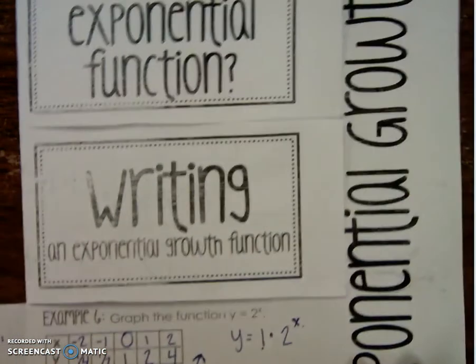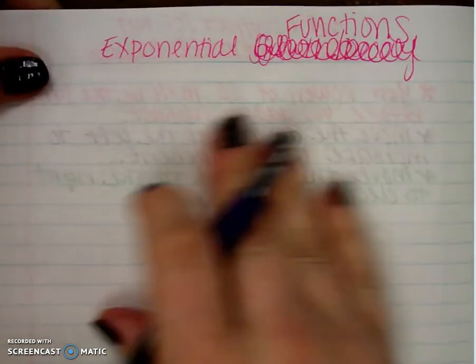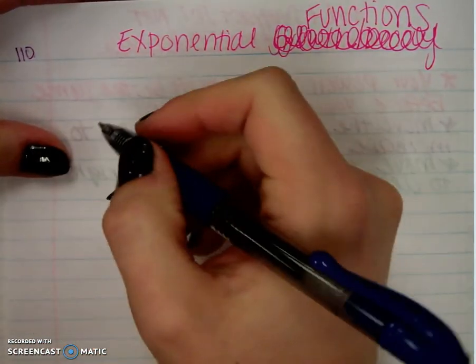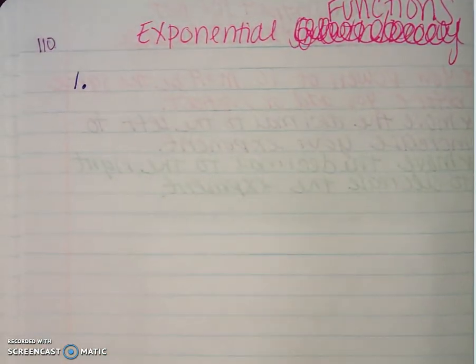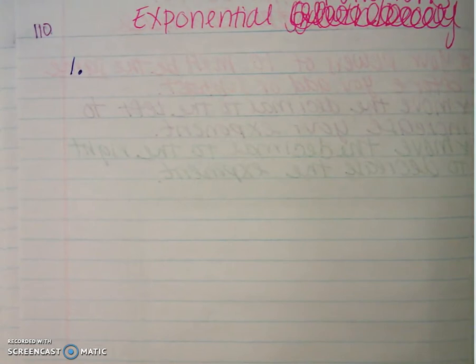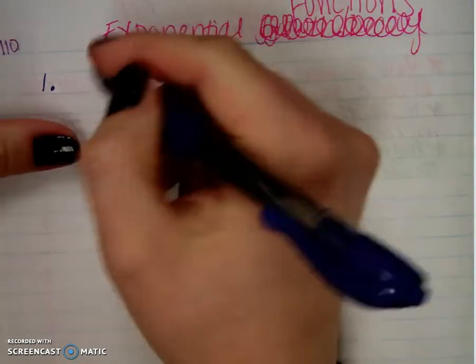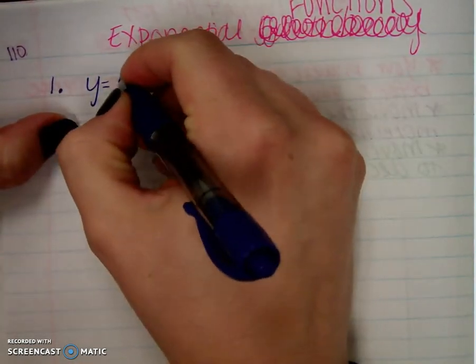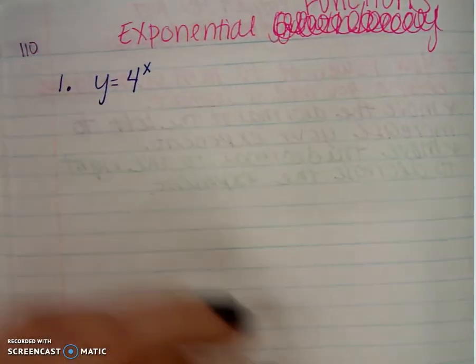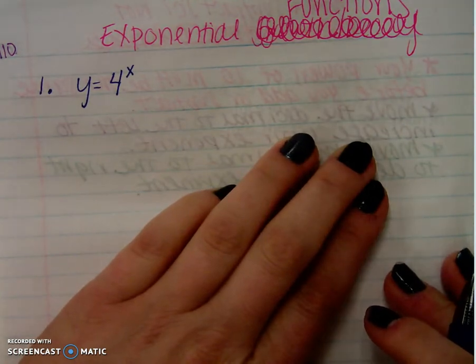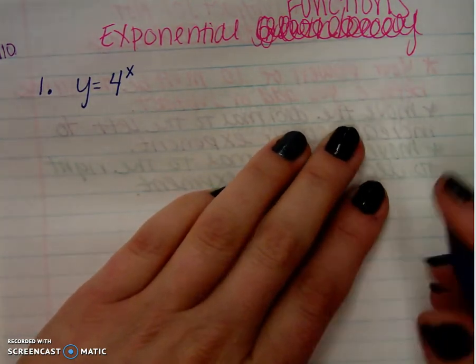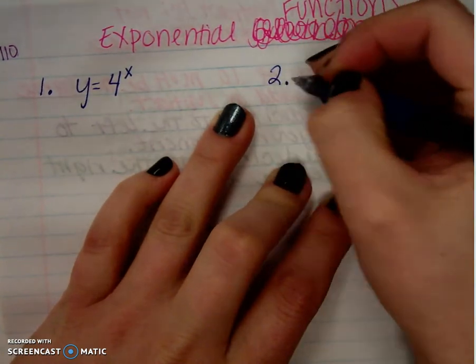So for your left-hand page, what I'm going to give you is 4 problems that you're going to graph. You should have the graph paper that I gave you in class. So the first equation, or exponential function, that I'd like you to graph is y equals 4 to the x power. Then let's try number 2.